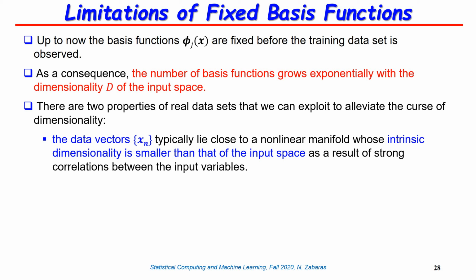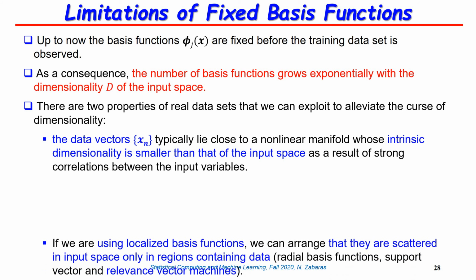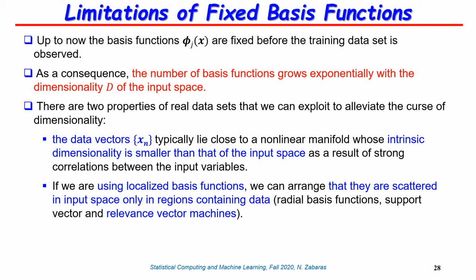So it would be nice if we could account for this fact in the way we define our basis functions. We emphasized in an earlier lecture that it makes sense to use localized basis functions, and in that case it only makes sense that these basis functions are scattered in the part of your input space where you have data, so near your data manifold if you like. That's a very important consideration.